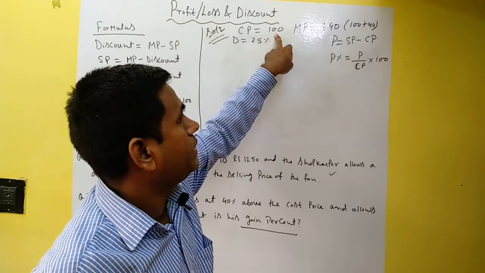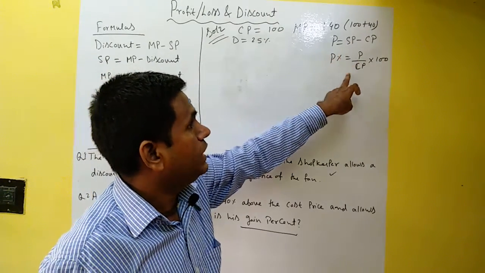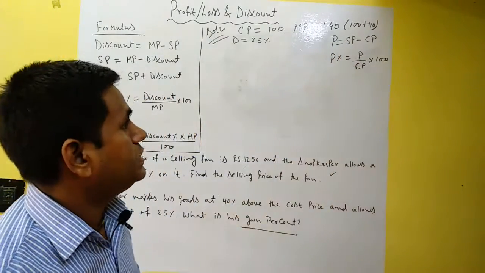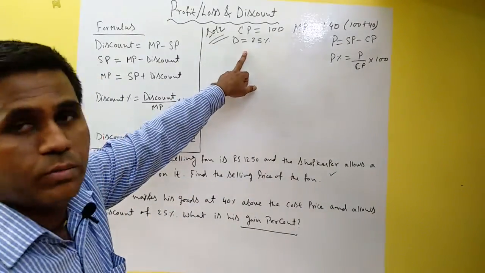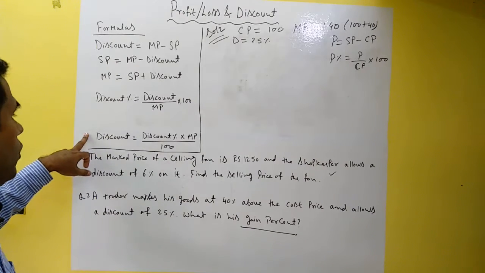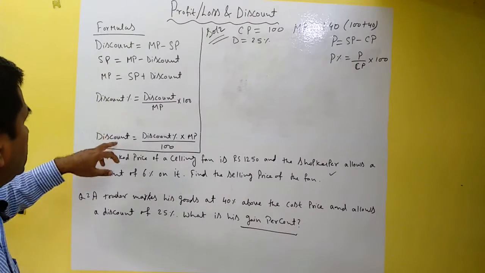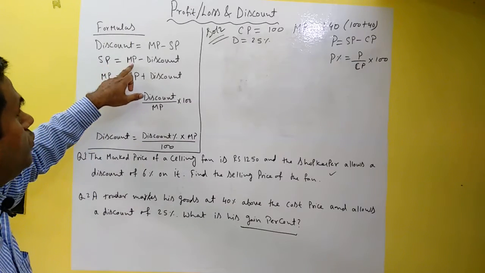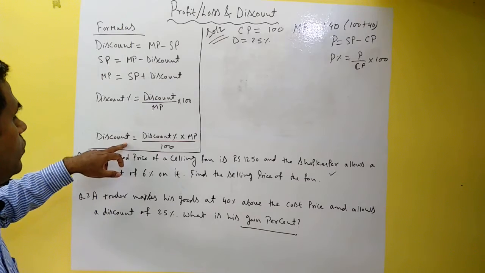Cost price is 100. So first we will calculate the selling price. If MP and discount percentage are given, selling price is equal to marked price minus discount.